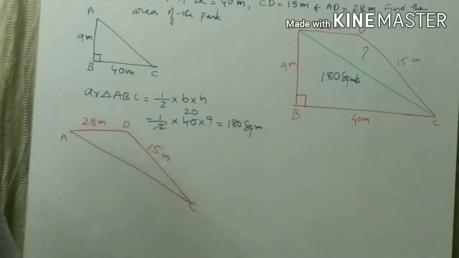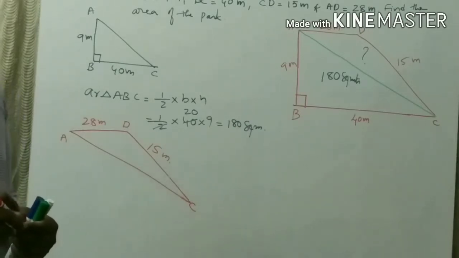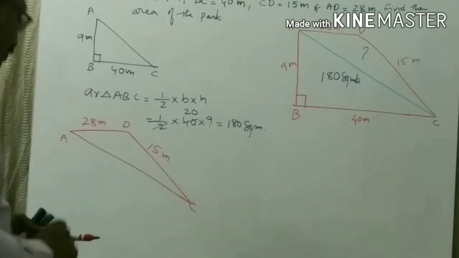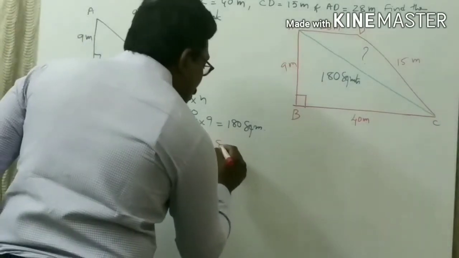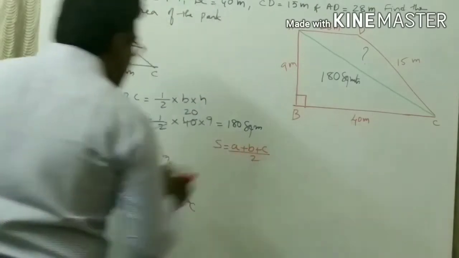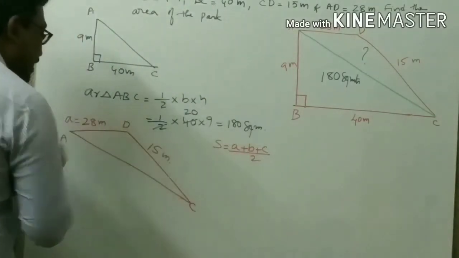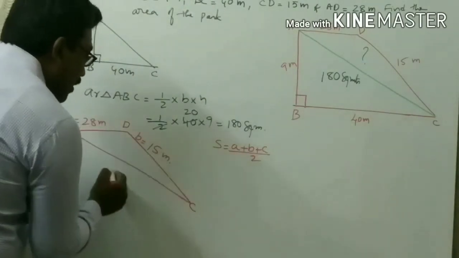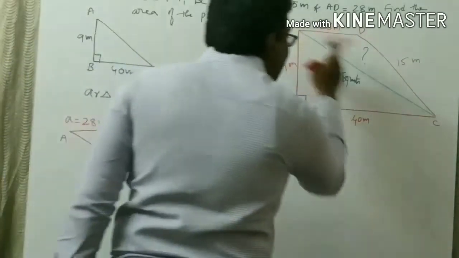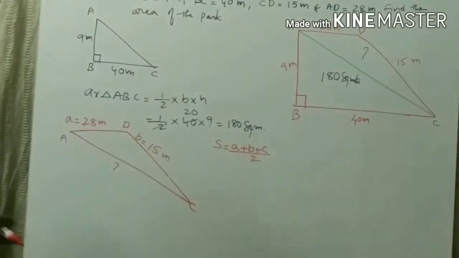How to find it? You should use Heron's formula here. But for using Heron's formula, you need to find S first. S is equal to A plus B plus C by 2. If you consider this as A, this as B, what is C? What is AC? Diagonal. We don't know.